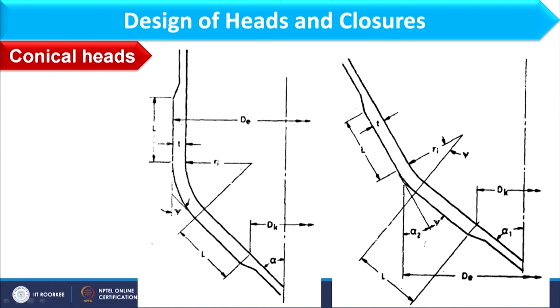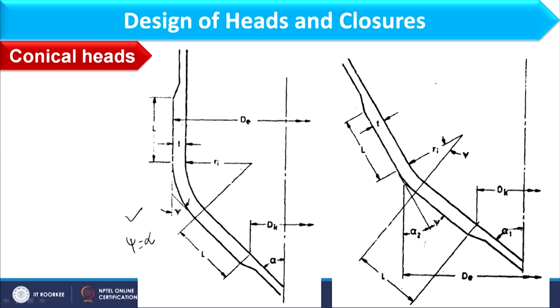So here we have the conical section and we have seen the design of thickness at the junction and away from the junction. In this slide, if you focus on this particular image, here we have angle alpha and psi. So both psi and alpha are equal in this particular figure. However, if I am focusing on this, here we have alpha 1, alpha 2 and psi.